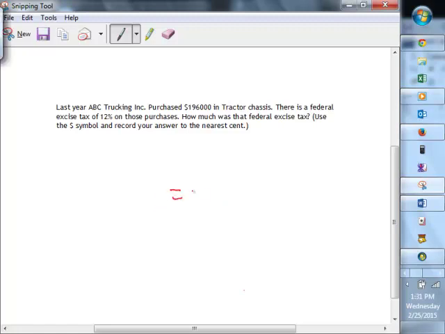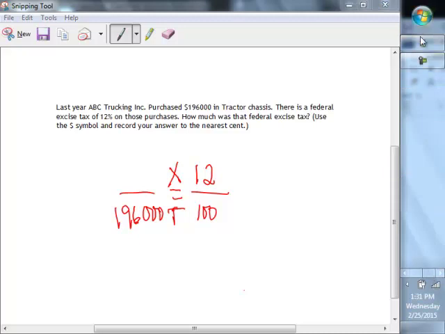Okay, so the total amount is $196,000, but there's a 12% excise tax. So since we want to know the amount of excise tax, we'll multiply by 12.